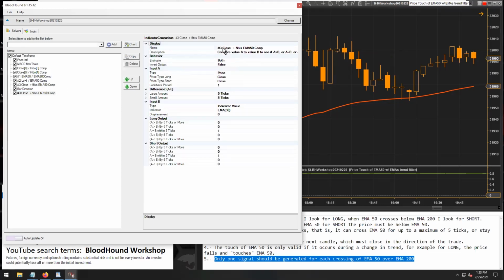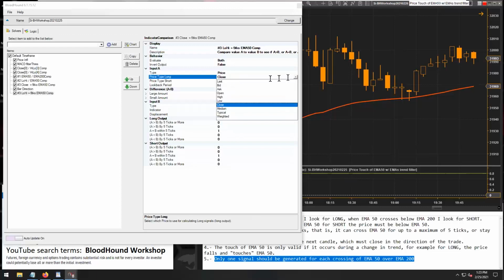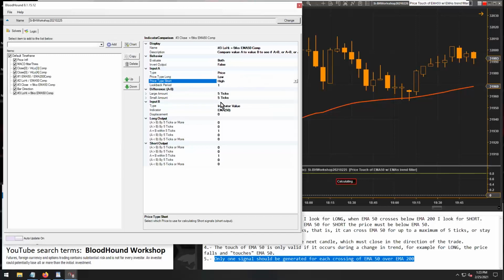Instead of the closing price, maybe we want to look at the low of the bar if it's a long, or the high of the bar if it's a short setup. So we can replace the closing price with the low price if it's a long setup, and if it's a short setup, then we'll use the high of the bar.